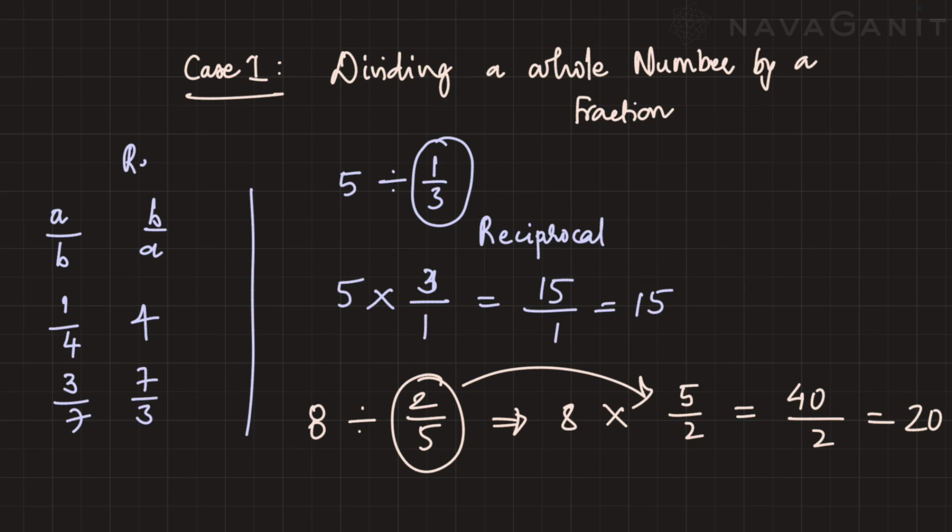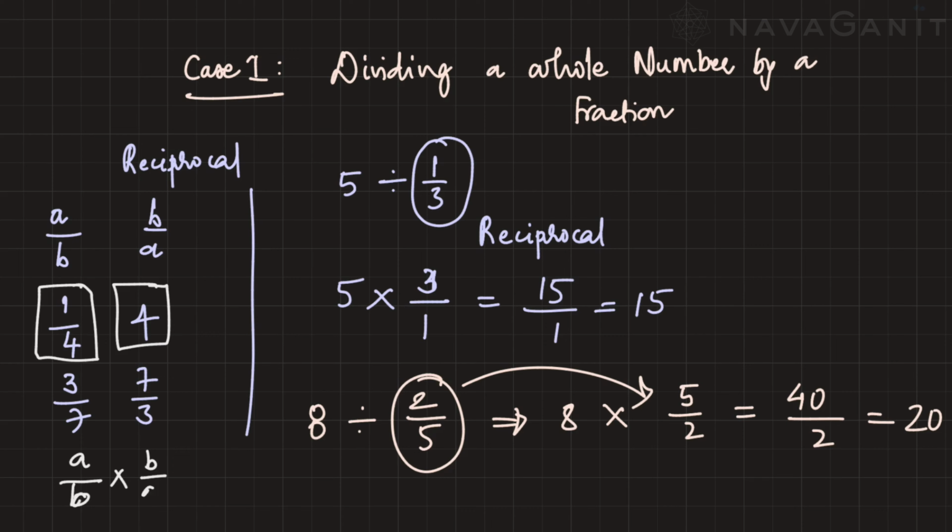So this is the reciprocal. Now you will notice that whenever I multiply a by b with b by a, this is 1. So whenever we multiply the number by its reciprocal, the result is always 1.